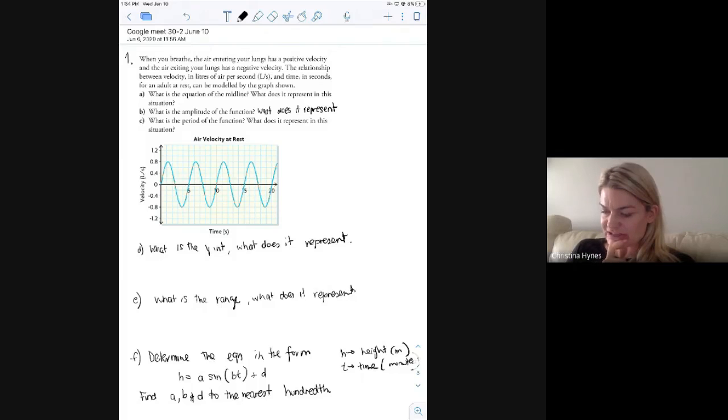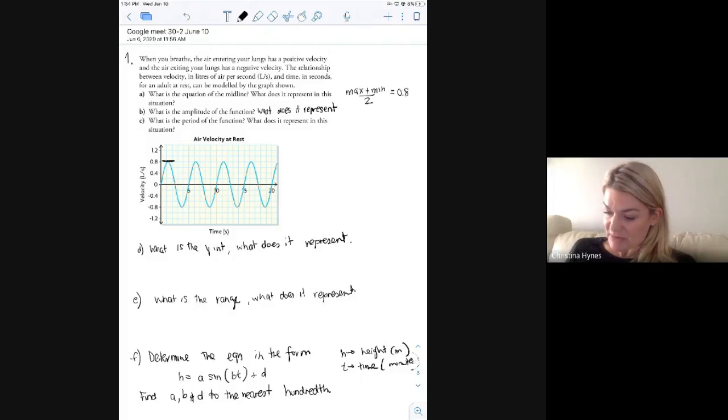So the first question is saying, what is the equation of the midline? If they want the midline, you're going to take the maximum plus your minimum, and divide that answer by 2. Your maximum in this case is your highest height, which is 0.8.